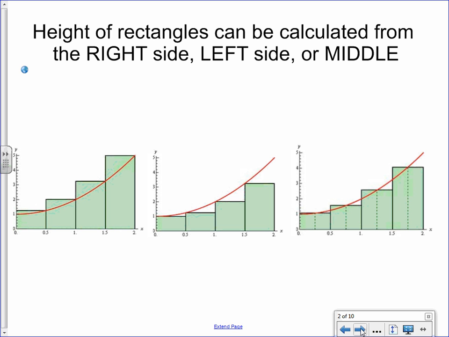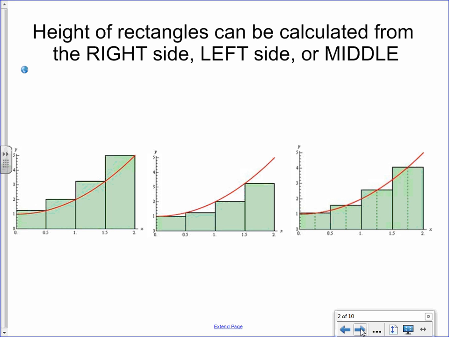So here are the 3 different ways we are going to approximate our area today. Here is a curve. We're either going to take our rectangle and make the right side as tall as the curve and find the area of those rectangles.